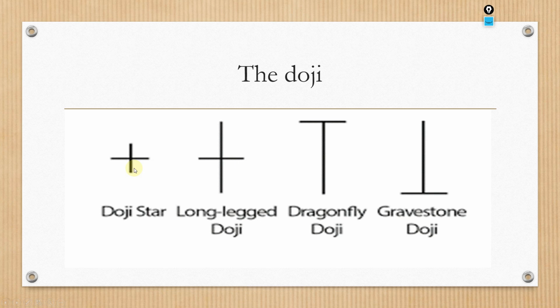But then we don't mean just because they are formed, then a reversal will occur. No. How we use candlesticks is that we don't just use candlesticks on their own. We use them after they form on certain levels, because we understand on resistance and support levels, these are reversal points. And if we see such a candle on those points, then that stands as a strong confirmation of a reversal.